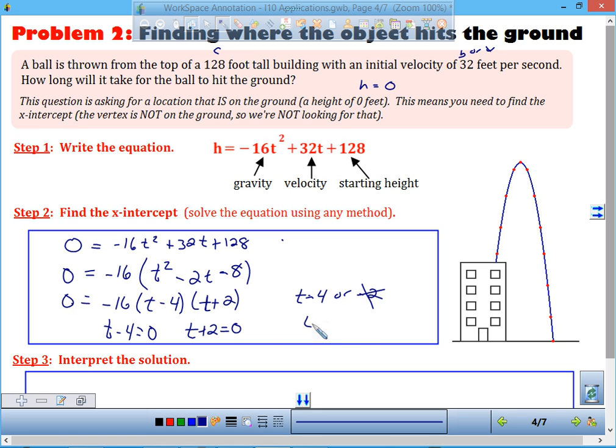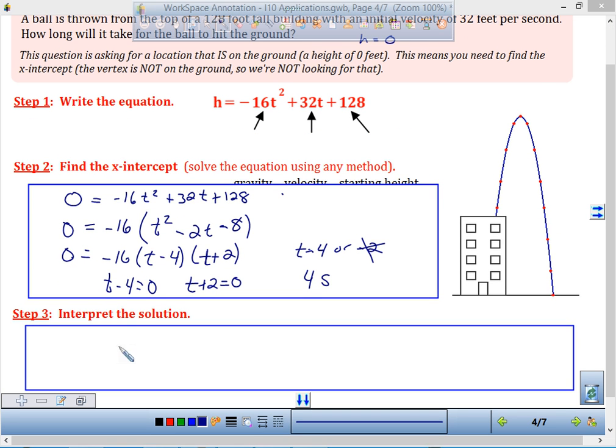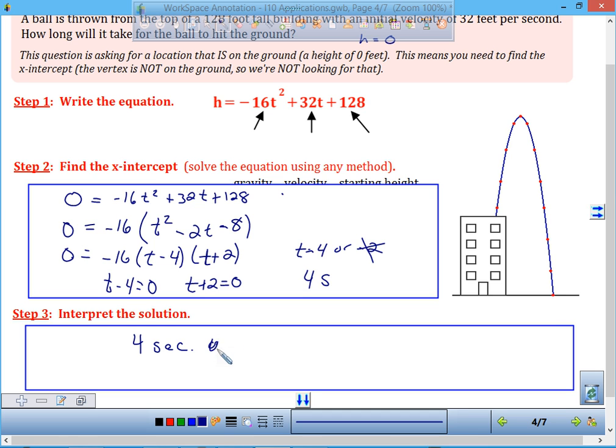So our answer is 4 seconds until the object hits the ground.